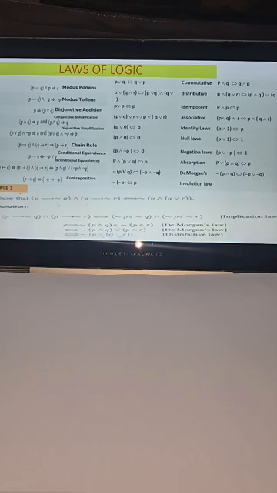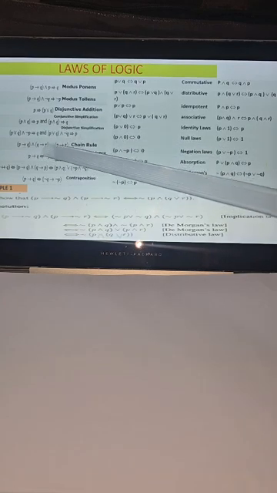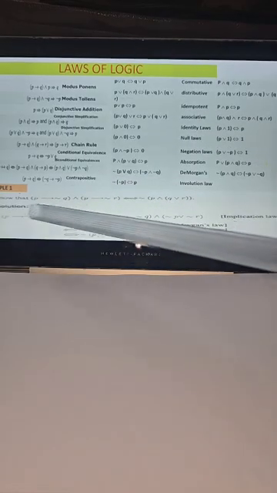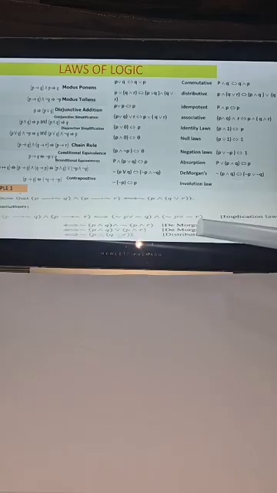Show that (P to negation Q) and (P to negation R) is equal to negation of (P and (Q or R)). You know that P to negation Q is of the form conditional equivalence, P to Q equivalent to negation P or Q. By using that formula for two terms, we get (negation P or negation Q) and (negation P or negation R).